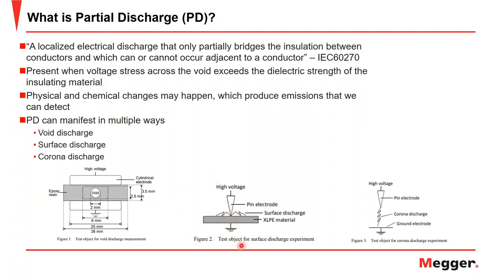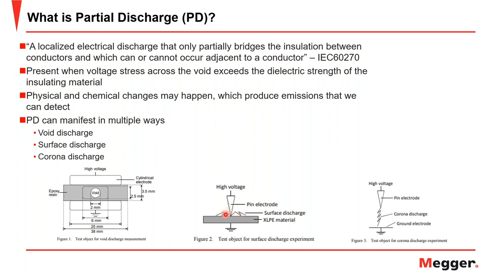Next, in the middle here, we have an example of surface discharge, where your high voltage is touching the surface of your insulating material, and due to contaminants or just a high electric field concentration, you have arcing activity between the surface of the insulating material and the high voltage potential.